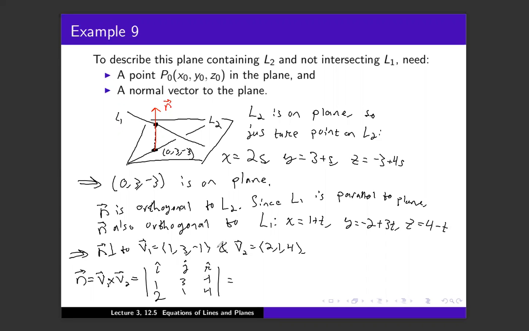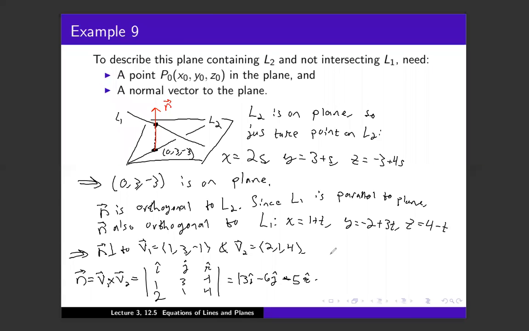Going through all that, i is 3 times 4, so 12, plus 1, which is 13i. j is minus 4 plus 2, so minus 6j. k is 1 minus 6, so minus 5k. Checking: 13 plus 13 minus 18 plus 5 is 0, and 26 minus 6 minus 20 is also 0, so it works out.